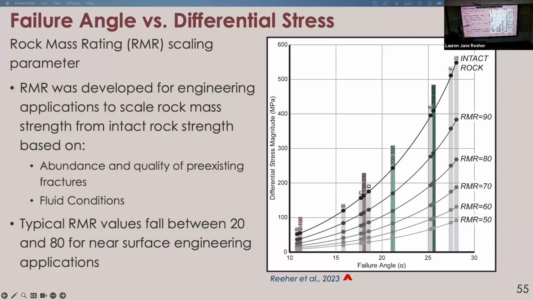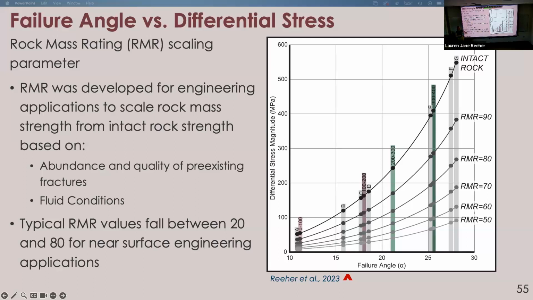And so engineers have developed and use something called the rock mass rating to try to scale the strength of intact rock to an actual rock mass. And they get at this rating by going out to the outcrop they're interested in.